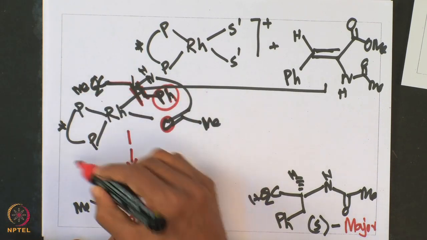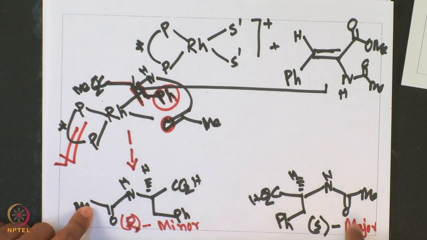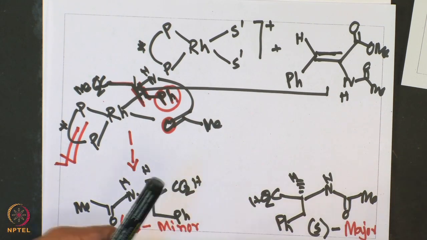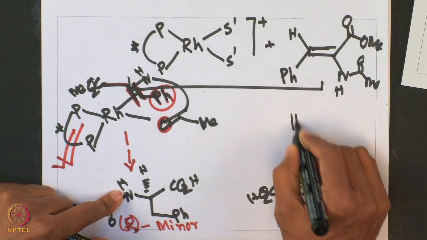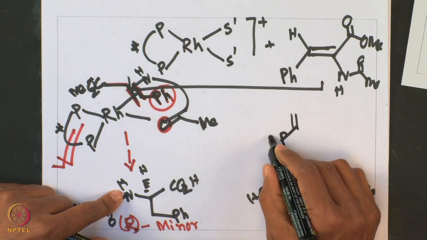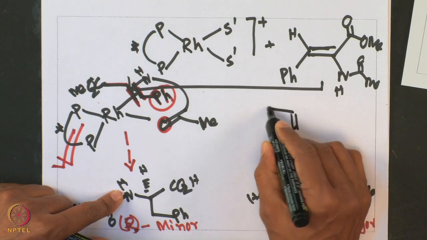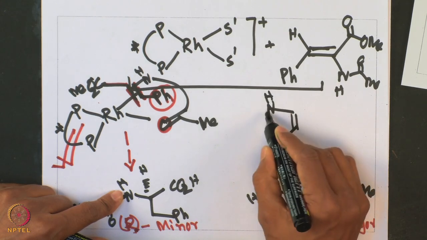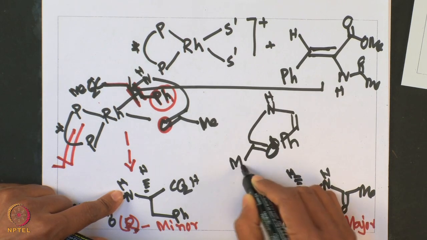This is the only observed intermediate, but the product that we see is the S. The corresponding intermediate, let us draw it over here, is not really going to give us the desired product, but in reality this is what we are getting in the process.